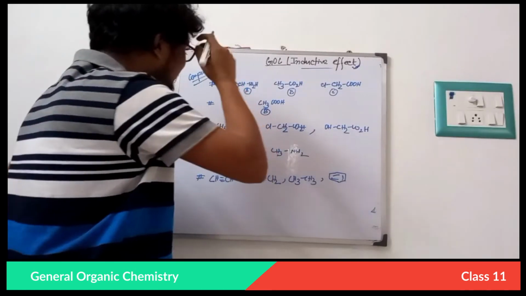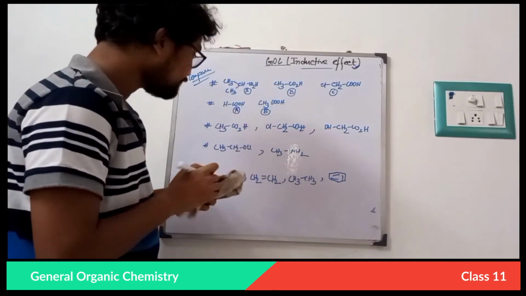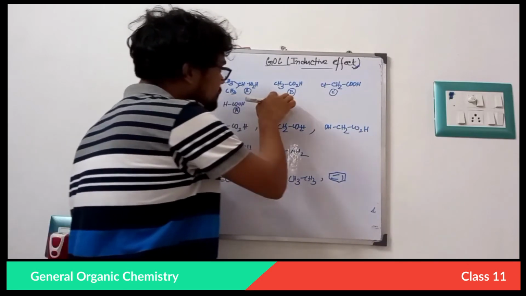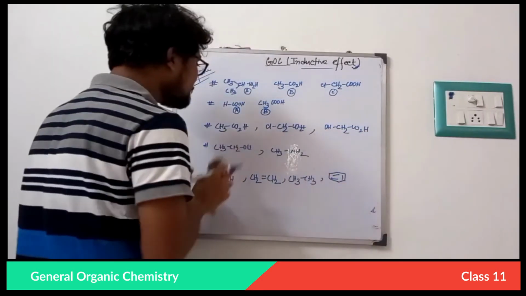So these are a few examples of acidity. First example, these are three acids: CH3CH2COOH, CH3COOH, and ClCH2COOH. Fine.